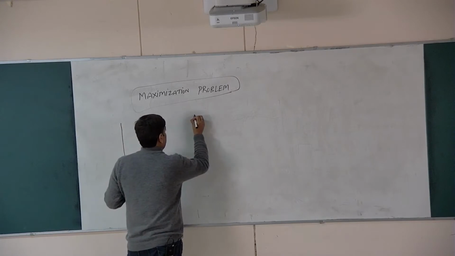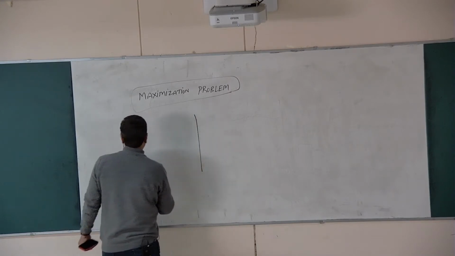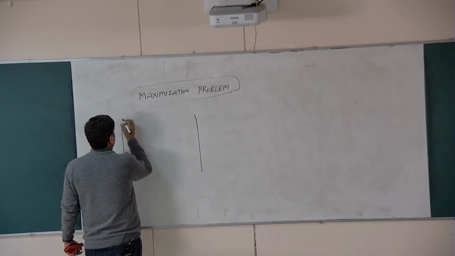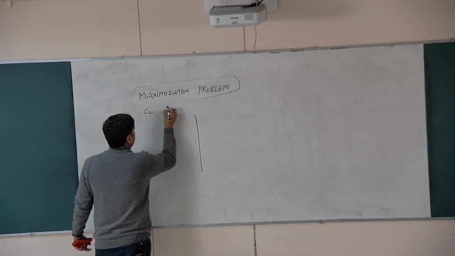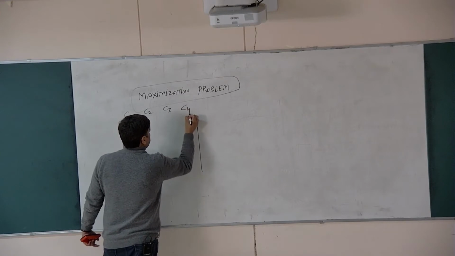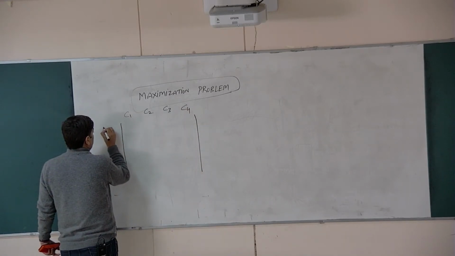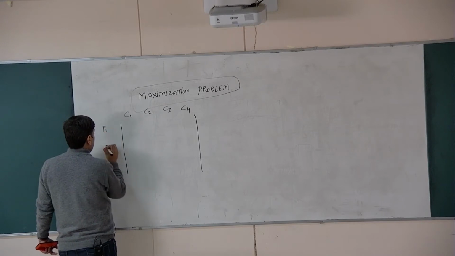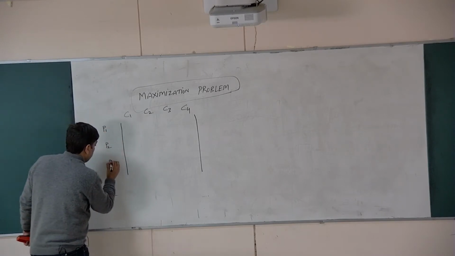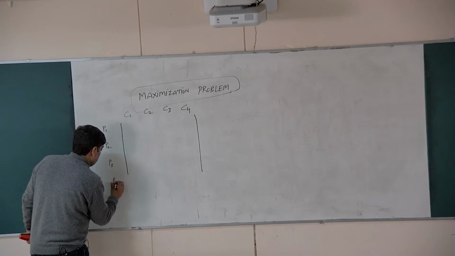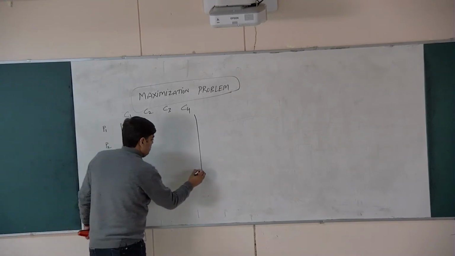Let us take the case in which you have the problem in which you have 4 cities, C1, C2, C3, C4 and 4 plants, P1, P2, P3 and P4.